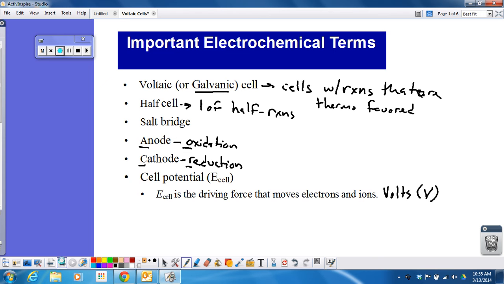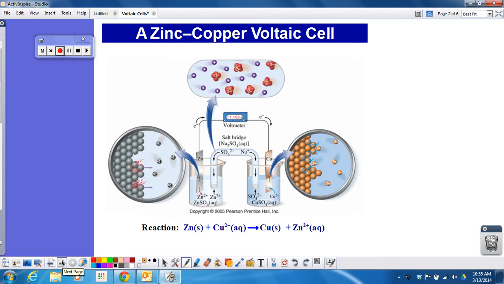So when we look at a voltaic cell, and you looked at the zinc and copper one in the simulation, you notice that zinc is being oxidized, copper is being reduced. So the zinc is the anode, because that's where oxidation is occurring. The copper is the cathode, because that's where reduction is occurring. So then we have our salt bridge.